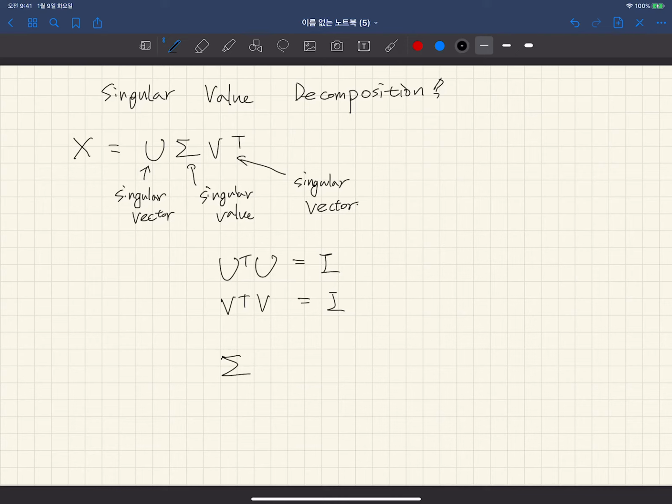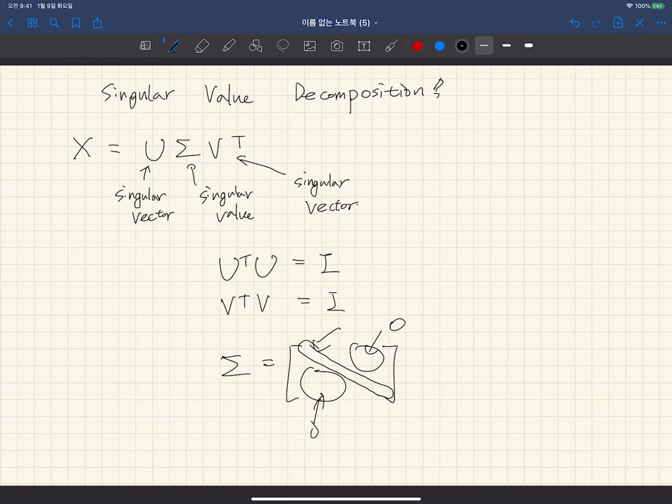And what is the shape of sigma? Sigma is a diagonal matrix. So all the off-diagonal elements are equal to 0, and only the diagonal part has non-zero elements. And the diagonal part consists of singular values.